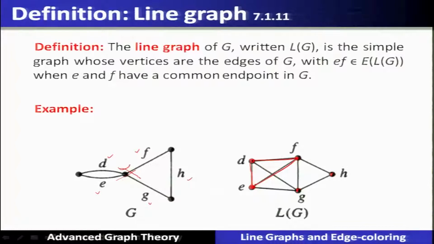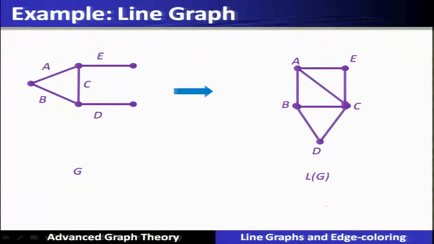D and G meet, so D and G have an edge, and F and H meet, so F and H have an edge. H and G meet, so H and G have an edge, and F and G also meet, so F and G have an edge. So, if we are given a graph G, we can obtain its line graph using this concept. Again, we can take another example.